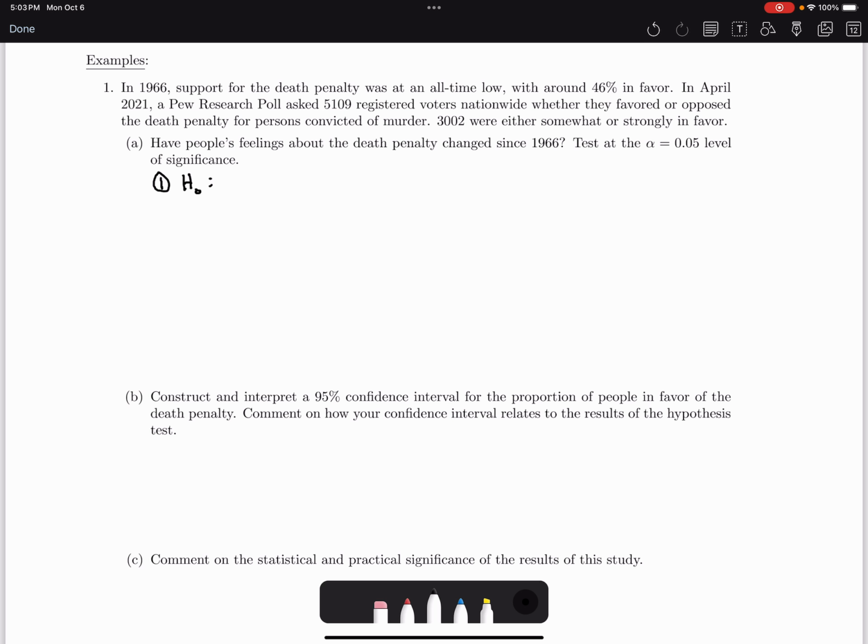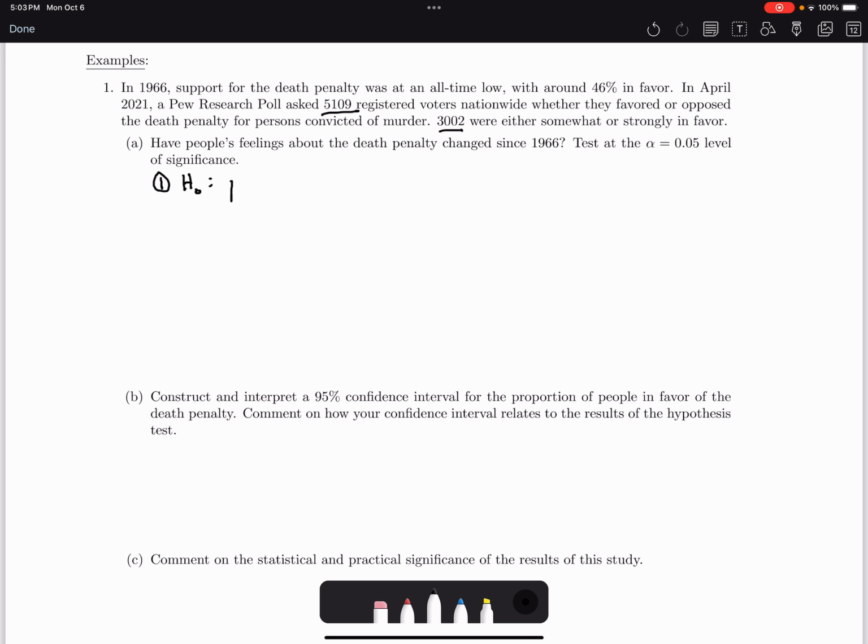And indeed, another way to see this is, well, we went out and asked this number of people their opinion, and then this number of people answered a certain way. Clearly, we want to know what percentage of people answered that way, right? So a percentage is basically the same as a proportion, so we're testing proportions here.